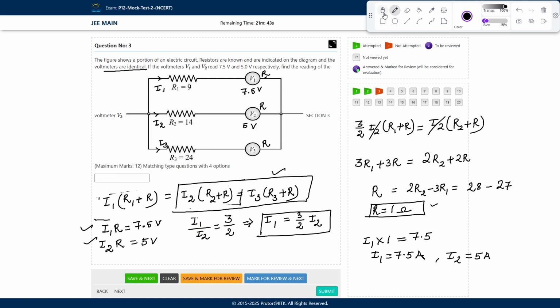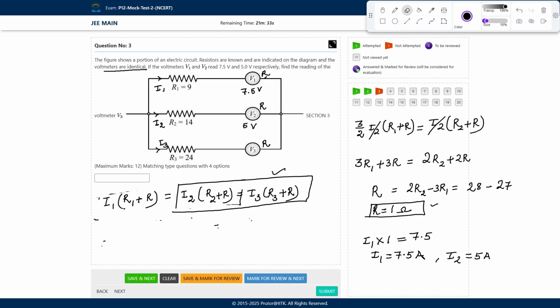Okay. So I am erasing this. Okay. Now I2 is given 5. R2 is given here. What is R2? 14 plus 1 equal to I3 we have to find.